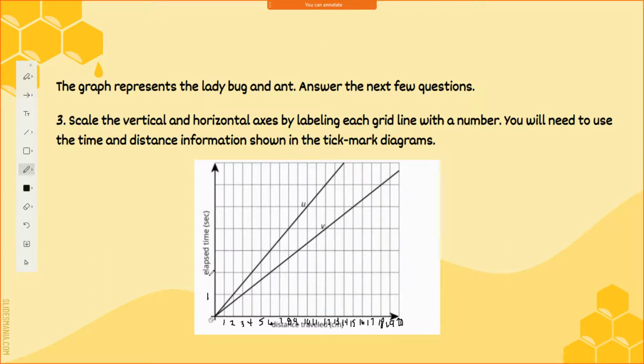Then on this side we have 1, 2, 3, 4, 5, 6, and 7. So now that we've labeled our axes, let's go to problem number 4.